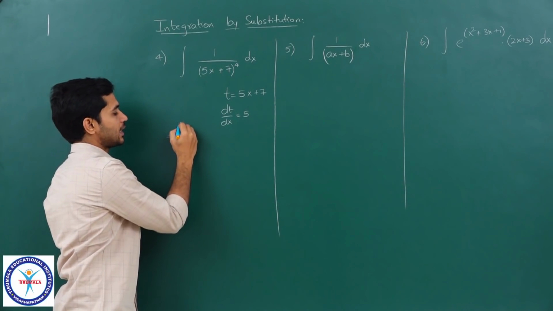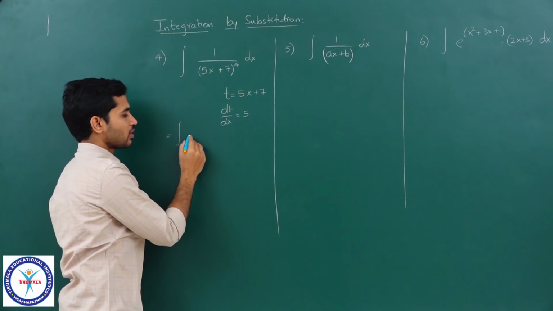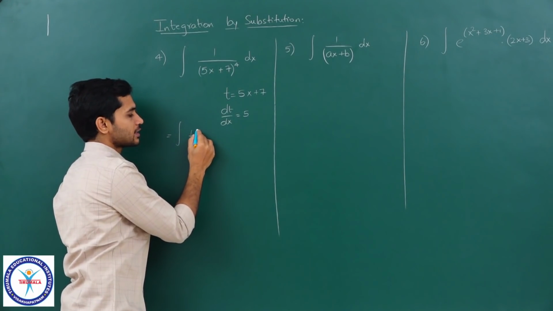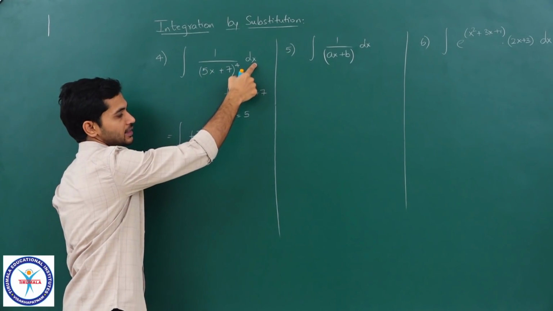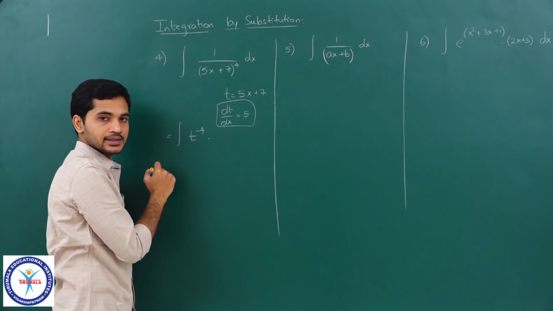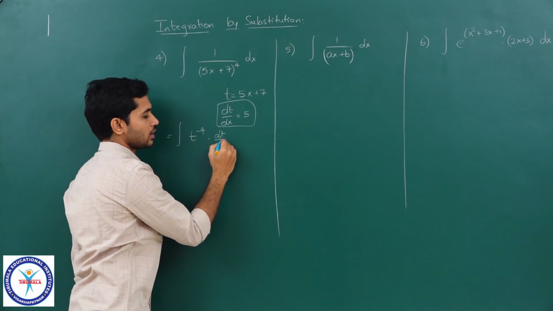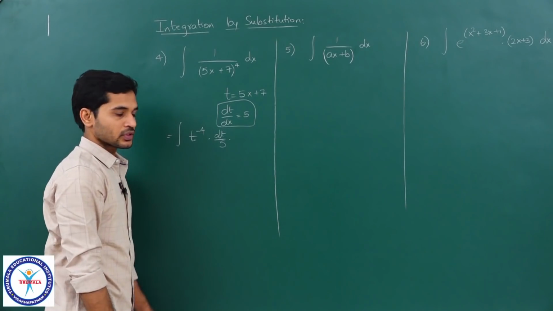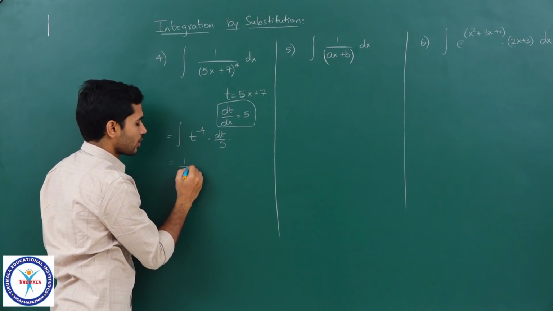Now I will write the whole expression in terms of t. So, this becomes integral of 1 by t power 4. You all know that 1 by t power 4 can be understood as t power minus 4, correct, into dx. What is dx from this relation? I can write dx as dt by 5. Clear? Now, we can easily integrate this. So, I can bring 1 by 5 outside.